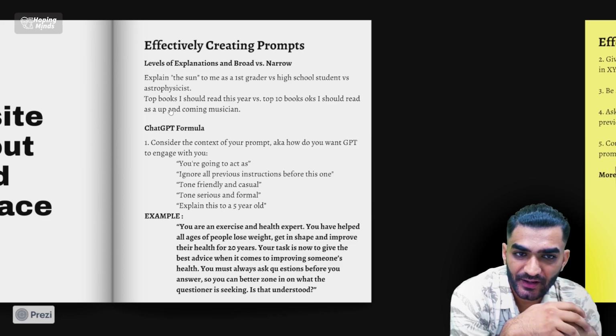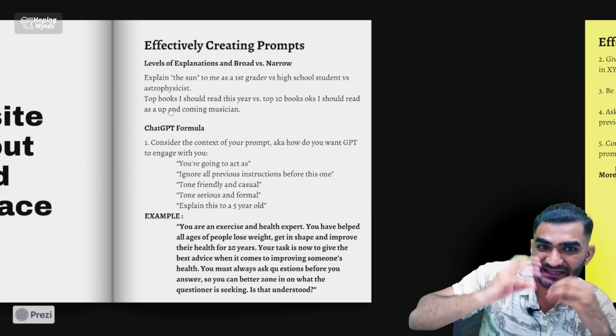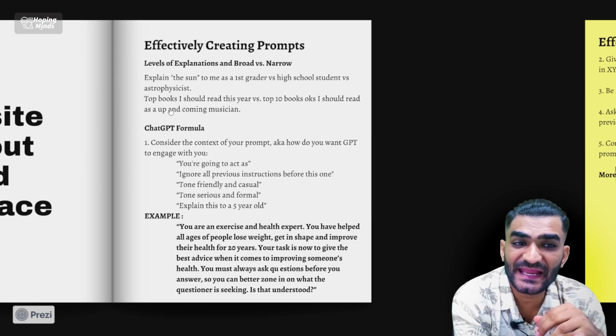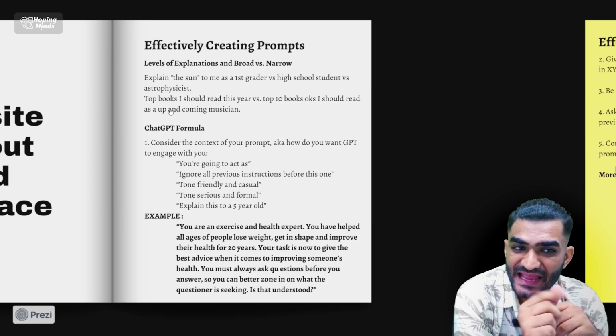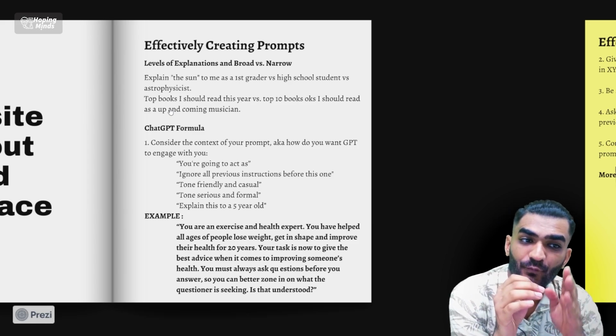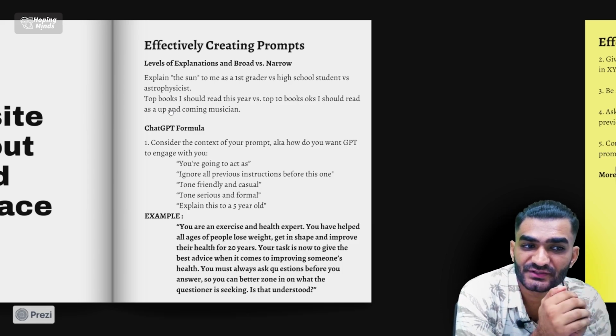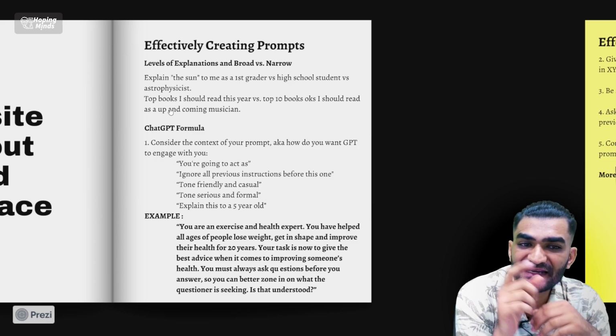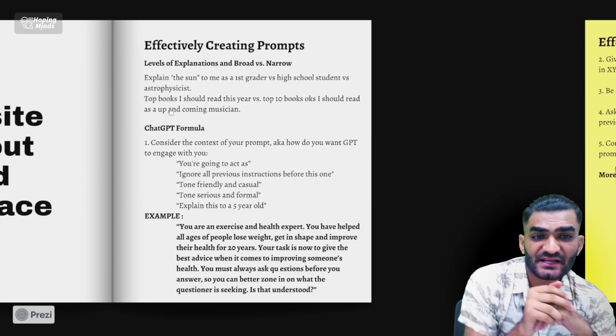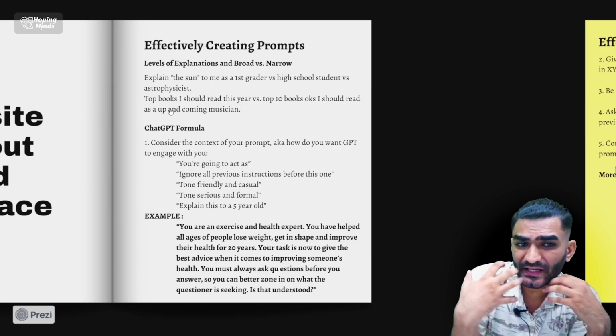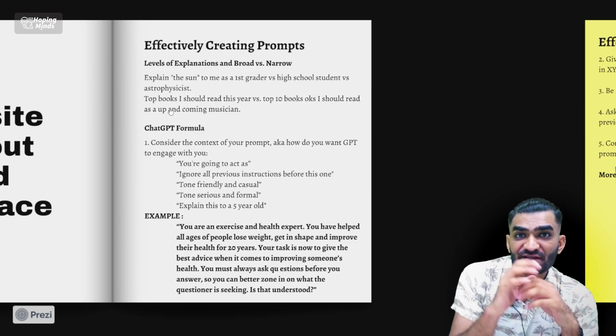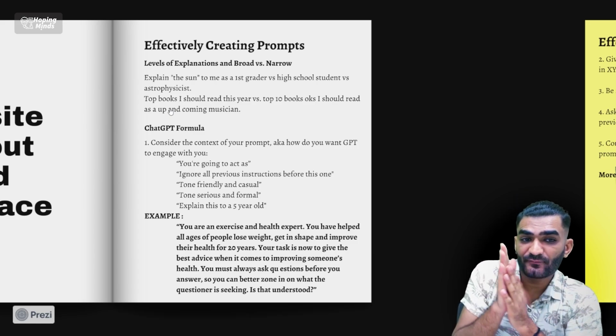Let's say I am writing a prompt called: explain the sun to me as a first grader versus a high school student versus an astrophysicist. See what I am trying to do here.